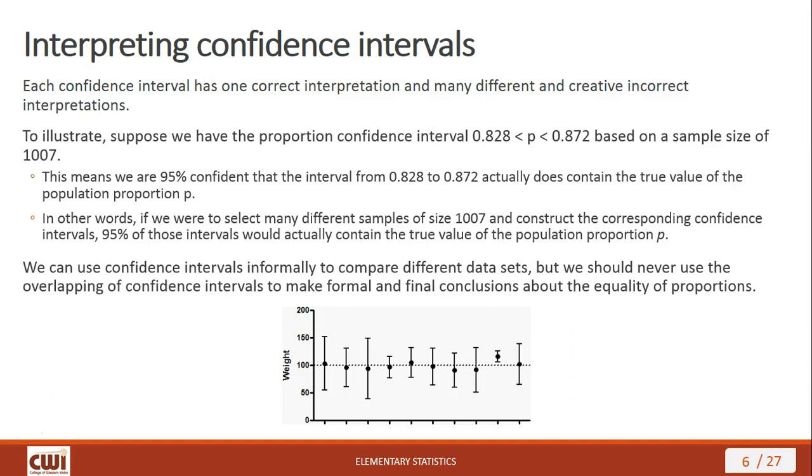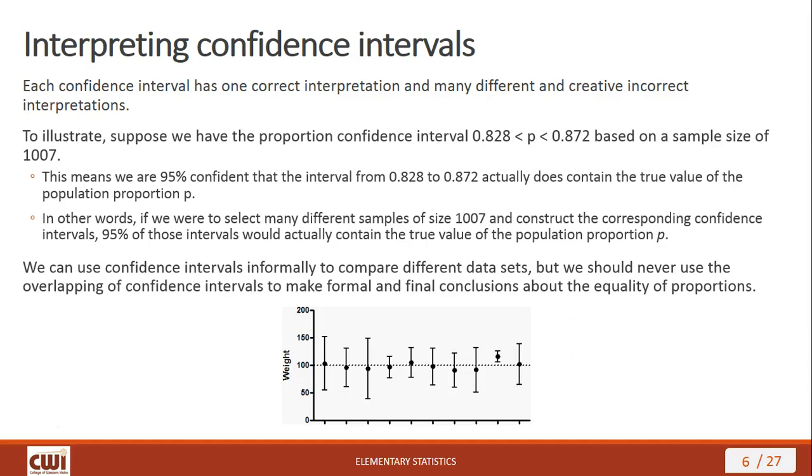So you want to be careful when you're making conclusions from the overlap of confidence intervals, because realistically, the parameter from the population that we're estimating could be anywhere within that interval. So it might be within the region of overlap between two different intervals, but it might not.